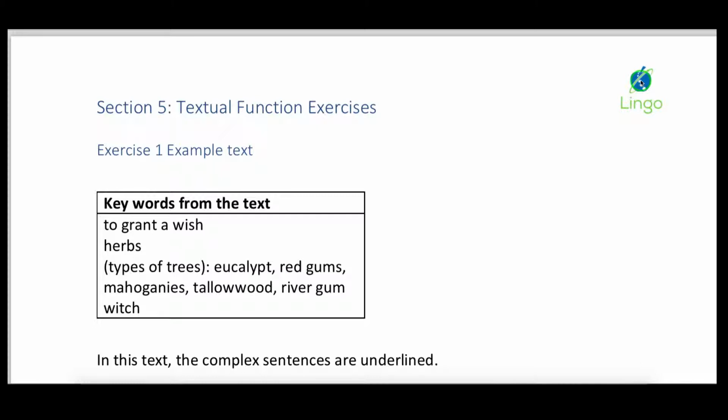A simple sentence is a sentence that's only made up of one clause. But what I didn't mention before is that a simple sentence is made up of one ranking clause.